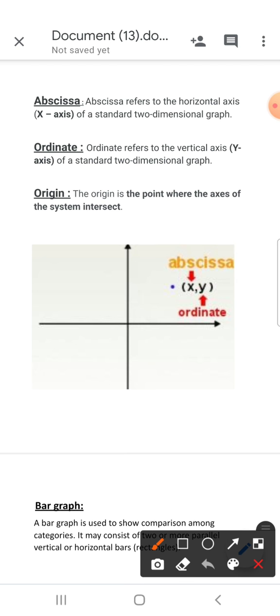Now abscissa refers to horizontal axis and ordinate refers to vertical axis, means y-axis. And what is origin? The origin is the point where the axes of the system intersect. These two axes are intersecting or meeting each other. This point is known as origin.